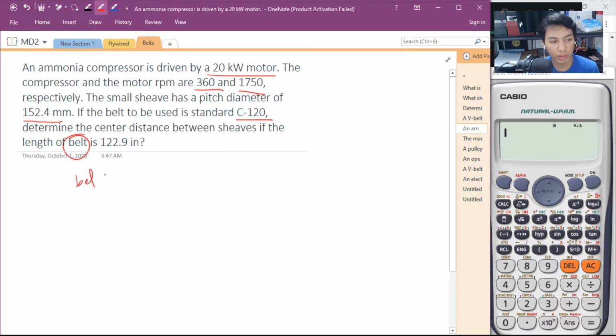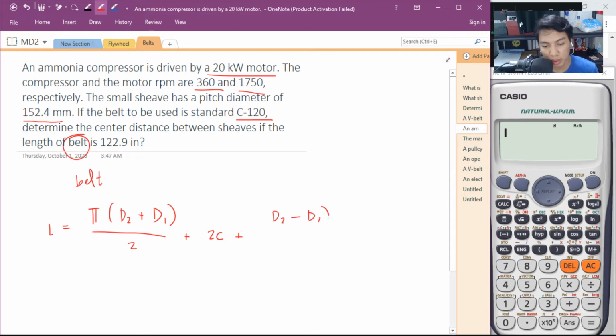So, L is equal to, hindi naman sinabi dyan, open belt pa rin to. So, this is pi multiplied to D2 plus D1 over 2 plus 2C plus D2 minus D1 squared over 4C.